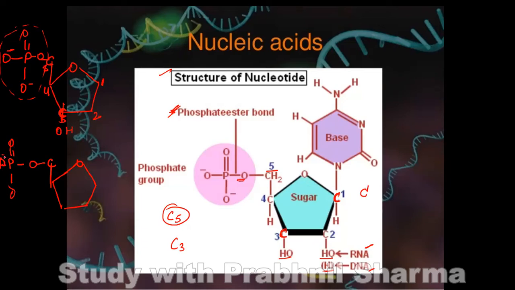Here we have OH. 1, 2, 3. Now this phosphate group is attached with this oxygen. There is a bond between them. And this bond is known as nucleoside bond. Is that clear?